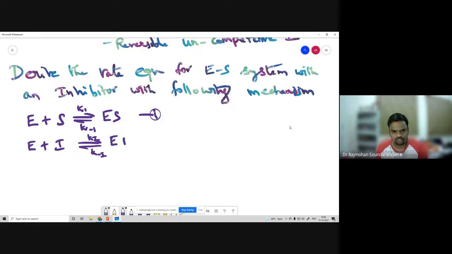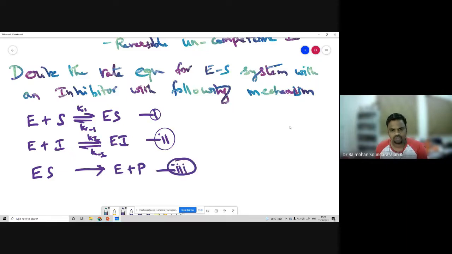This is the second step. Then ES proceeds to form the product, E plus P. That will be the third step.